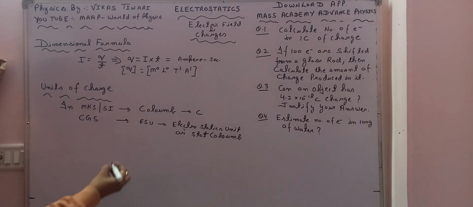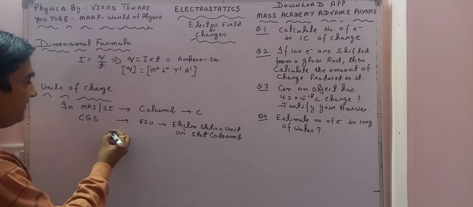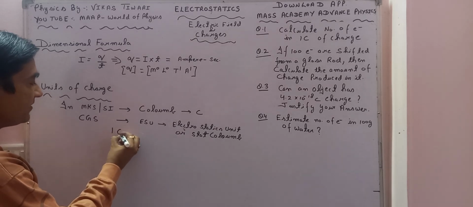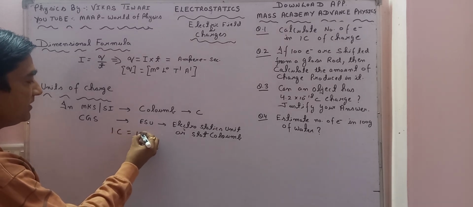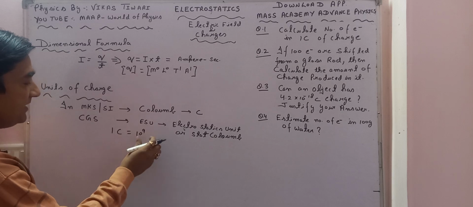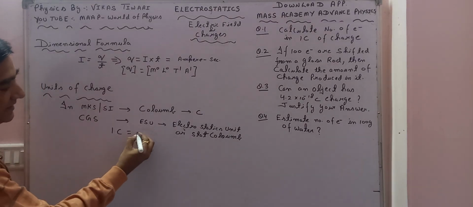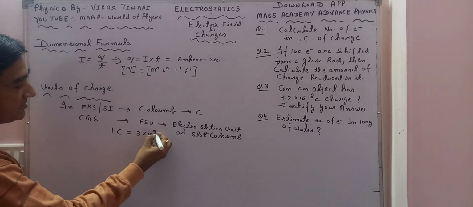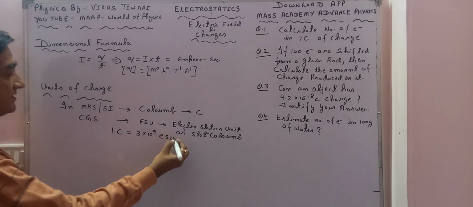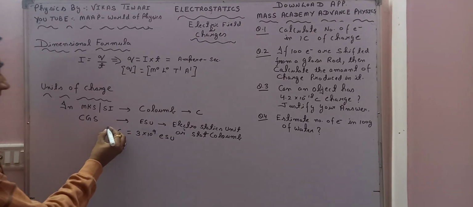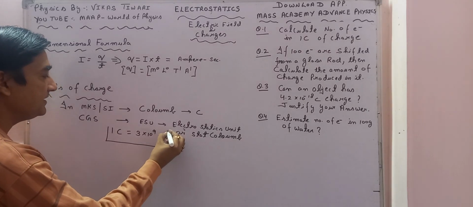And what is the relation between coulomb and ESU? 1 coulomb is equal to 3 into 10 raised to power 9 ESU. So this is the relation between coulomb and ESU.